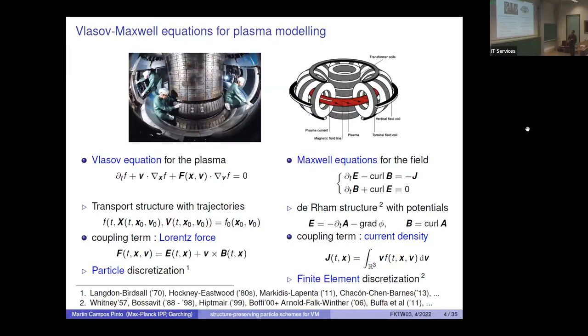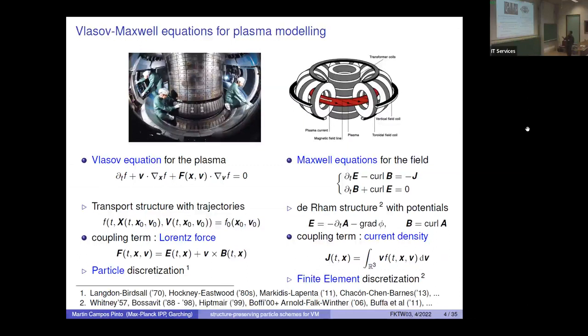And here we consider as a general discretization ansatz a particle discretization for the Vlasov equation. Well, essentially for all the reasons that Antoine mentioned, and because a very important aspect of the Vlasov equation is that it is a transport equation. So it's very natural to use particles to discretize F, plus all the good reasons that Antoine mentioned.